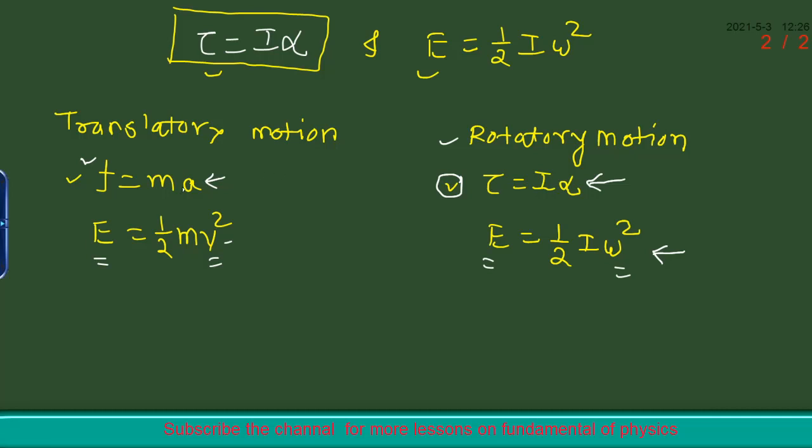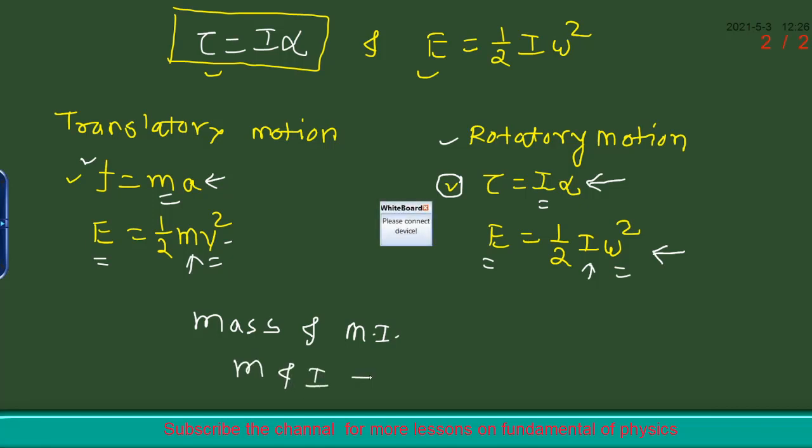Hence, we can say that this mass and this I, or from this equation again we can prove m and I are analogical quantities. That means mass and moment of inertia are analogical quantities.